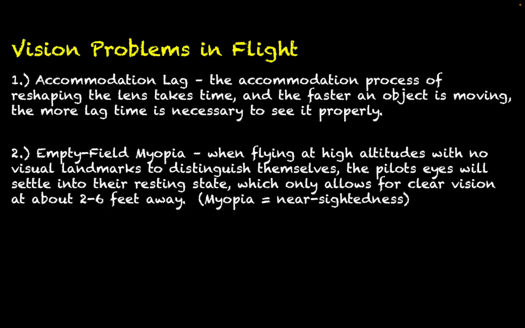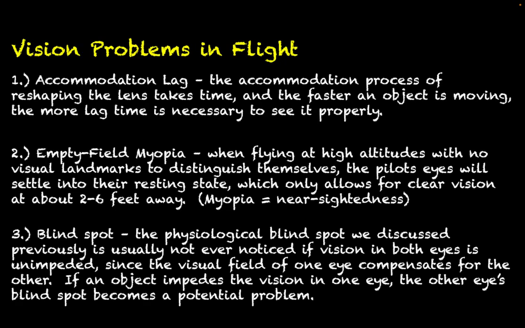So this is only going to allow for clear vision at about 2 to 6 feet away. Again, myopia is basically just nearsightedness. So this is a type of nearsightedness that sets in when you don't have distant objects to focus on. We'll talk about strategies to overcome this a little bit later.